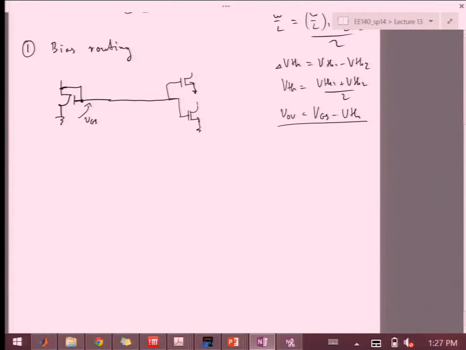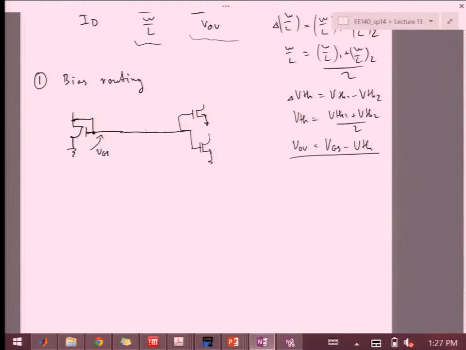This could be cascode, could be whatever, okay? So it's relatively easy to route, because I only need one wire to run it. It's a voltage, so it goes into a gate. There's not a lot of drop over here on this resistor. Okay?